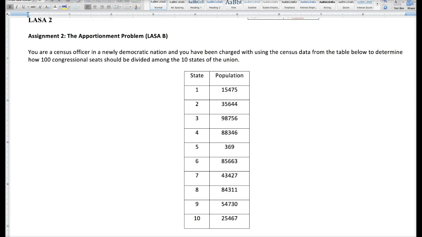So for this project, we're studying apportionment methods, and this is just basically how we decide to do things like if we want to have a committee, or a more realistic example, let's say the Senate or House of Representatives.